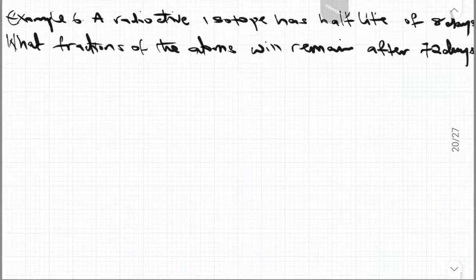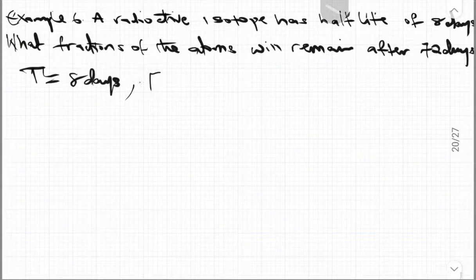We have a radioactive isotope with a half-life of 8 days. What fraction of the atoms will remain after 72 days? 72 days will be small t.